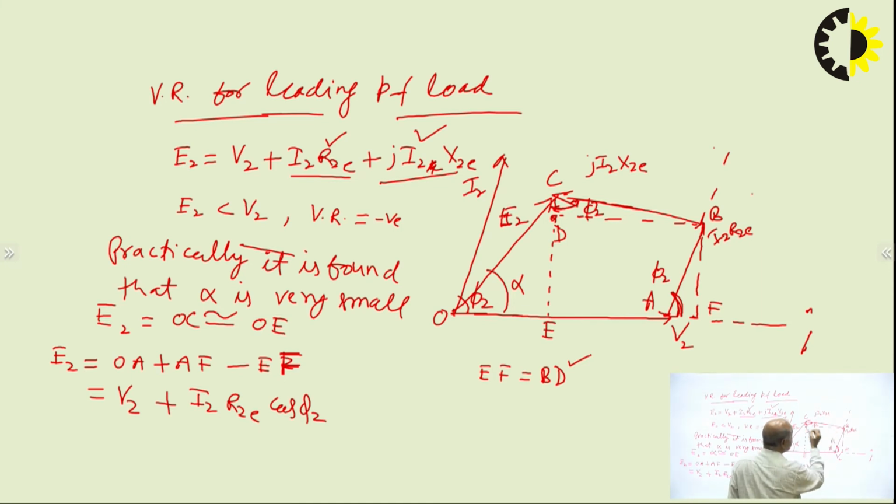This angle DCB is also phi 2. So we can use this right angle triangle.